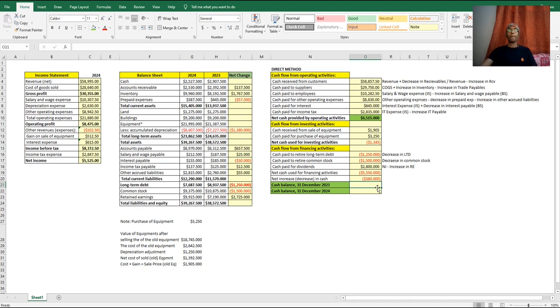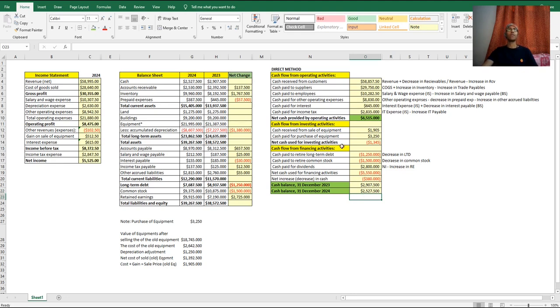So let us calculate if the change in cash also reflects that. If this number reflects that, we have done all the calculations rightly. So initial cash is 2907. Final cash is equal to the initial cash plus the reduction of the cash. This is 2527, so this is exactly matching.